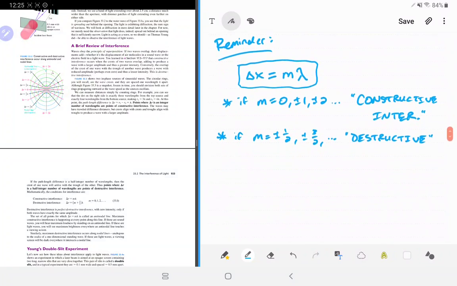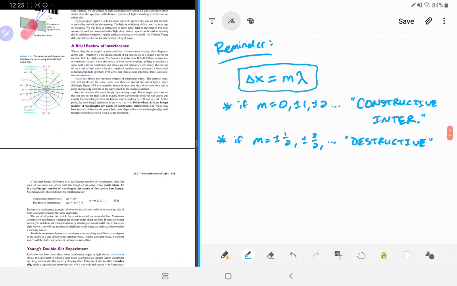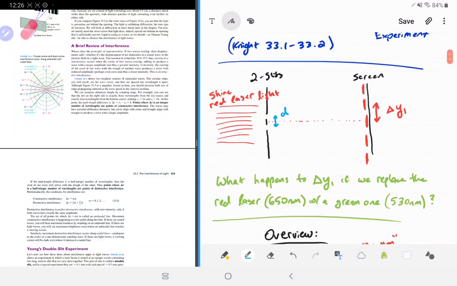So remember, this is if the sources are in phase. So we're assuming the sources are coherent and in phase. This phenomenon doesn't work if you just take a light bulb, an old light bulb where you're heating up tungsten, and just shine it on this thing; you don't see this interference pattern.